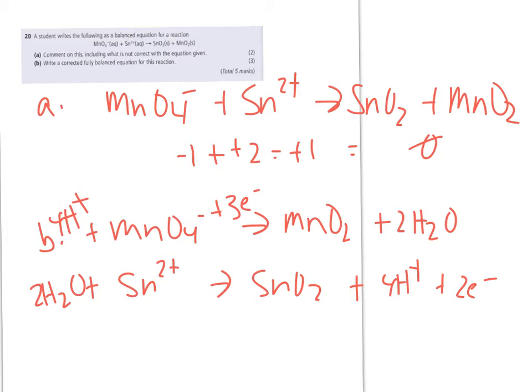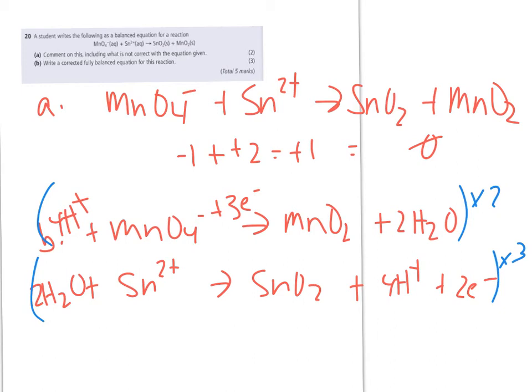Looking at this, I have 3 electrons versus 2 electrons, so I'm going to need to do some multiplying here. I'm going to need to take this equation times 2 and this equation times 3 for my least common multiple of 6.